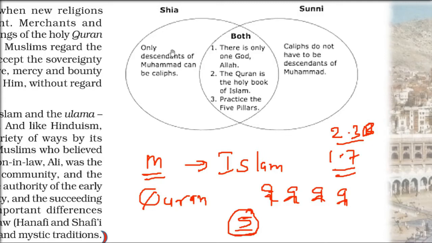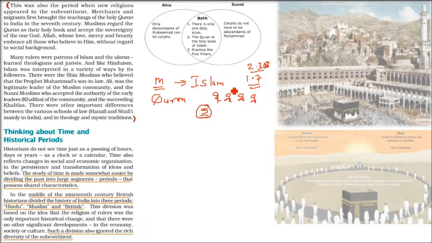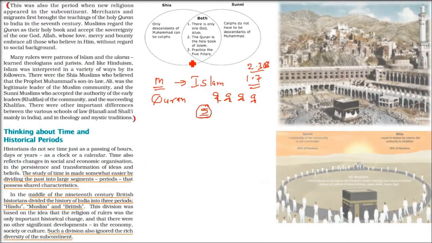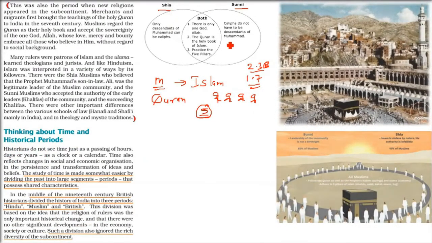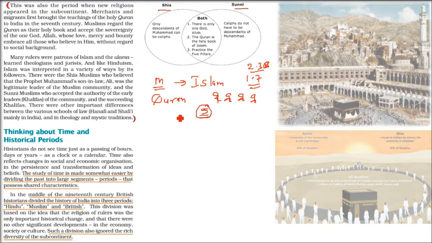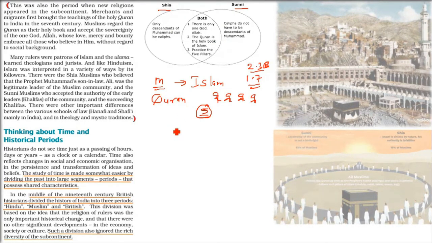It's not that only a relative of Hazrat Muhammad is going to be a leader. So these 5 pillars, as I said, they both worship Allah. They both have Islam, the Holy Book, Quran, and the 5 pillars, Shia and Sunni.